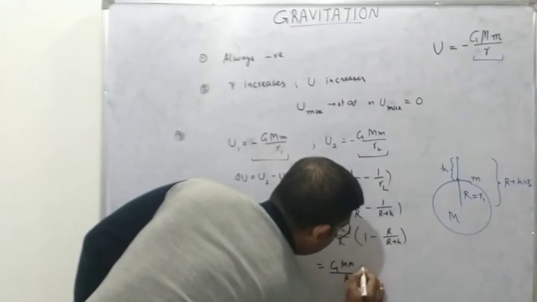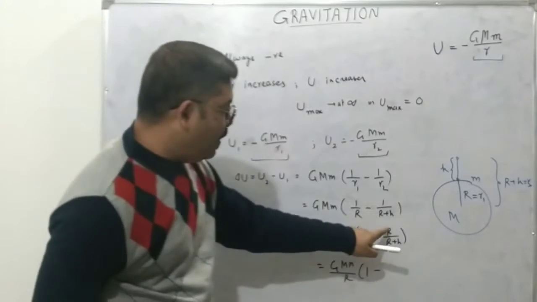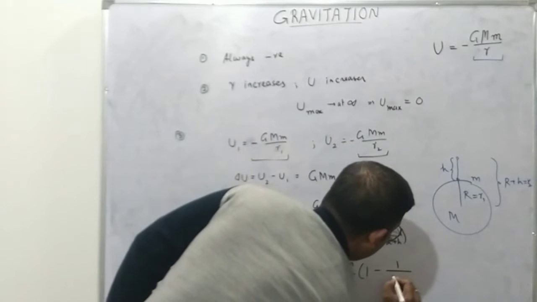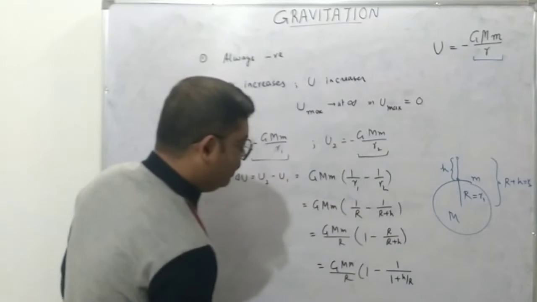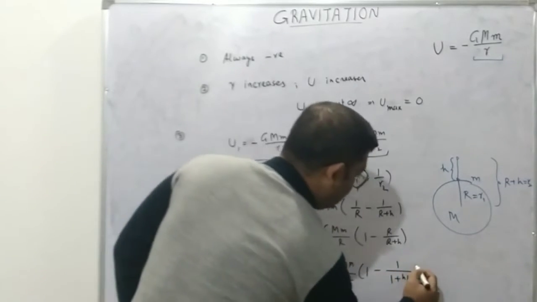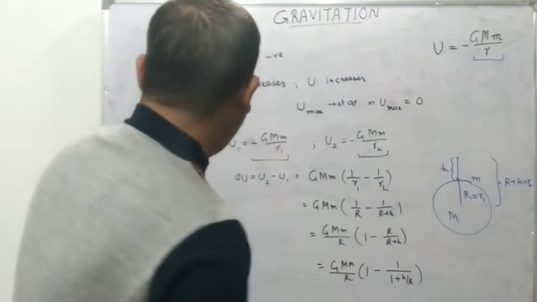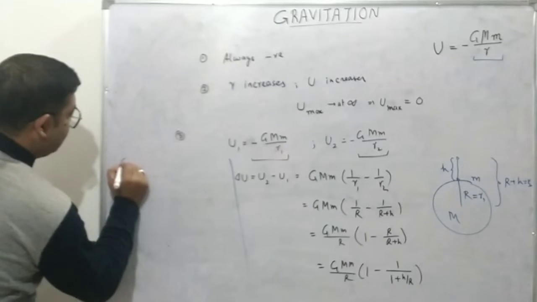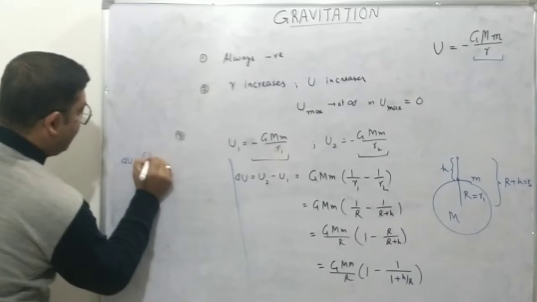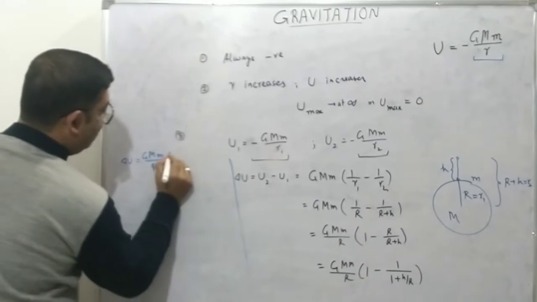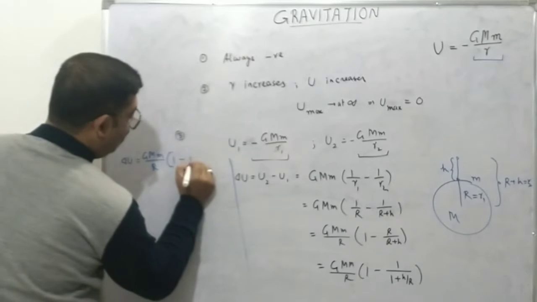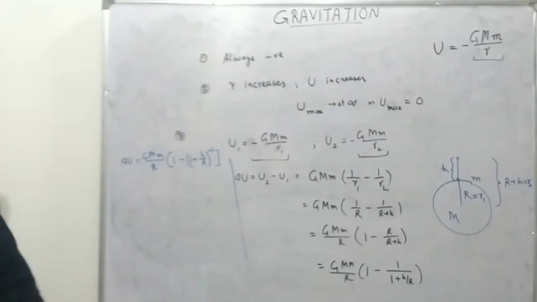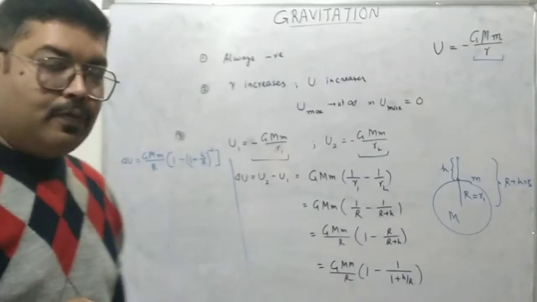GMm by R is there, 1 is there, minus, instead of writing it here, if I divide both numerator and denominator by R, what we have is 1 by 1 plus H by R. So we can rewrite the right hand side as delta U equal to G capital M small m by R, 1 minus (1 plus H by R) inverse, raised to the power minus 1. This term is 1 plus H by R raised to the power minus 1.